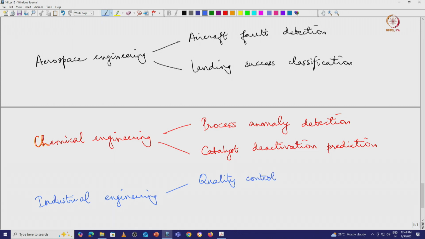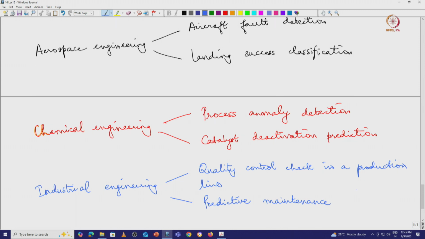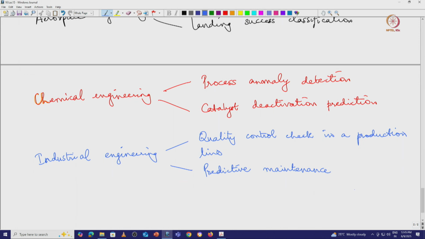So, quality control check in a production line, whether your product has the desired attributes or not, or there is something amiss. And the other can be predictive maintenance. So, let us say your model is able to predict when your plant or your setup or device has to undergo maintenance, and again you can classify whether you need maintenance or not.